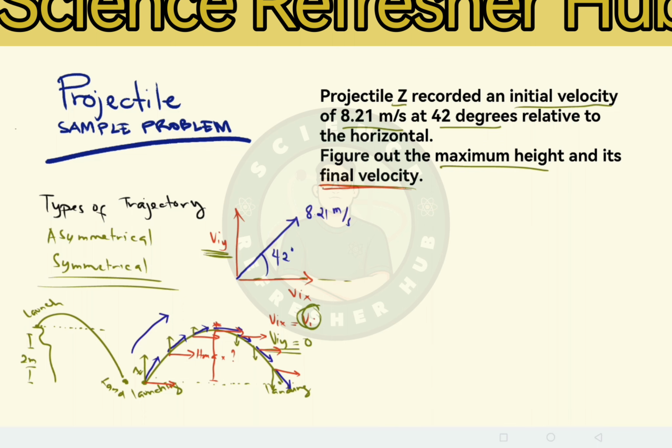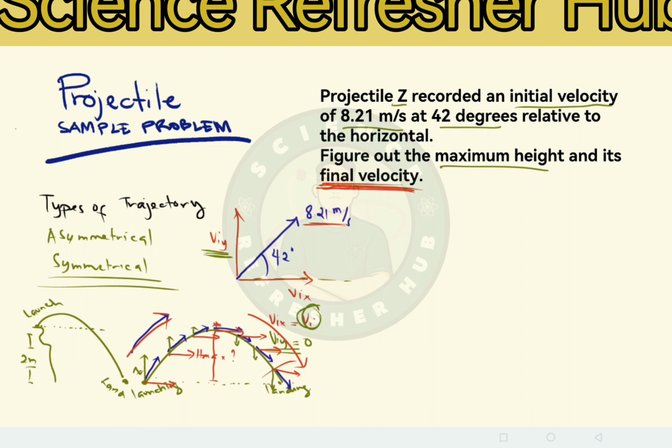Let's find the final velocity before hitting the ground. In a perfect trajectory, we can say that the initial velocity of 8.21 meters per second will be the same as the final velocity here, because it's a perfect projectile, a perfect trajectory. Whatever the values as it goes up will be the same as it goes down. It's just that the direction will change.